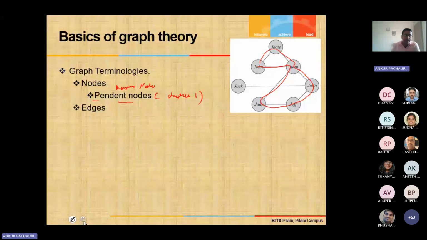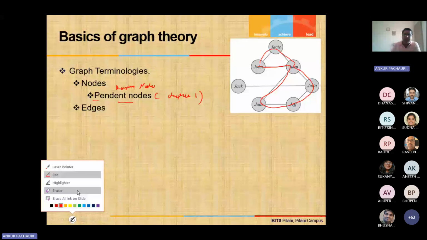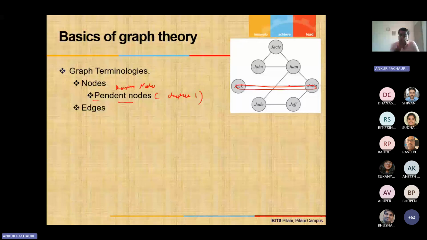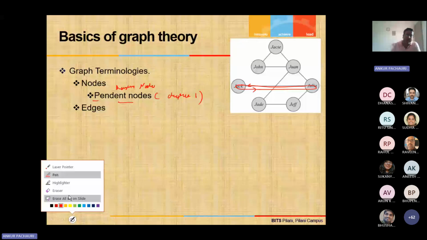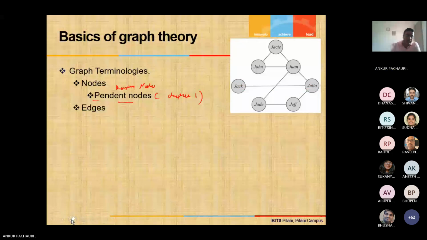They are important to study because they have only one way to go in and one way to go out, if I'm allowed to traverse the same edge again. Or if I have a restriction that I cannot traverse the same edge again, then if I move to this node, I'm dead. So this can be considered a dead end, if the travel restriction is there.